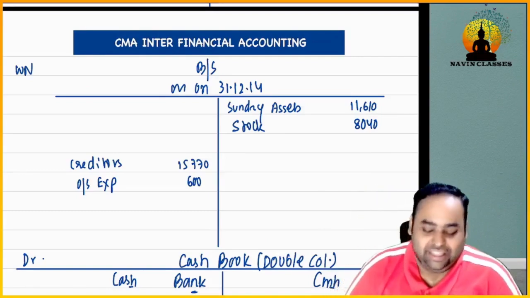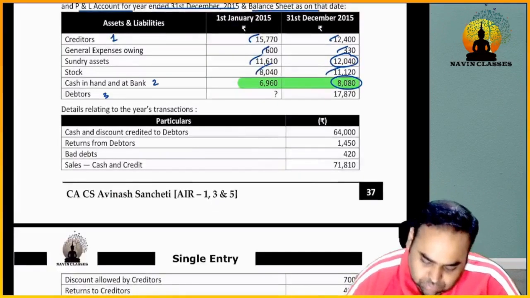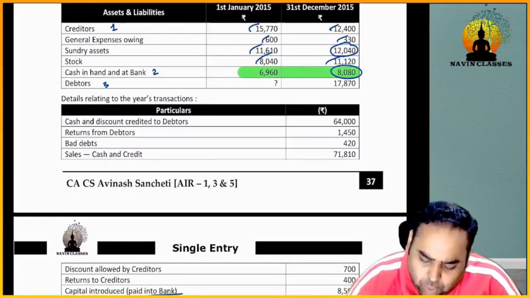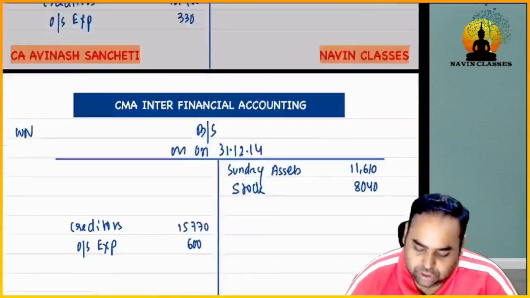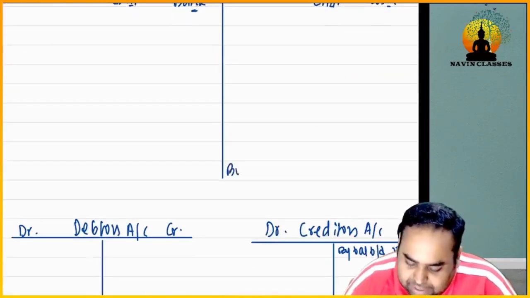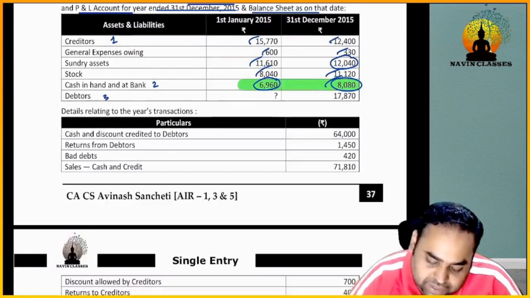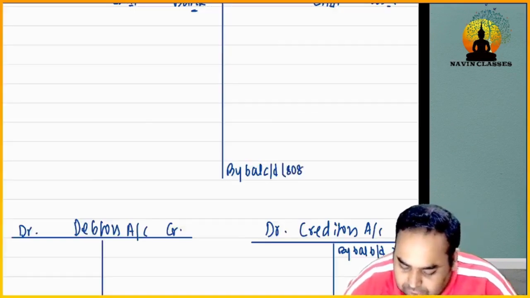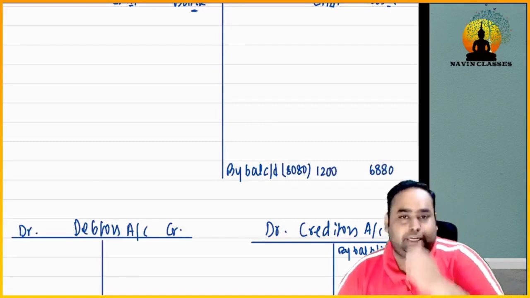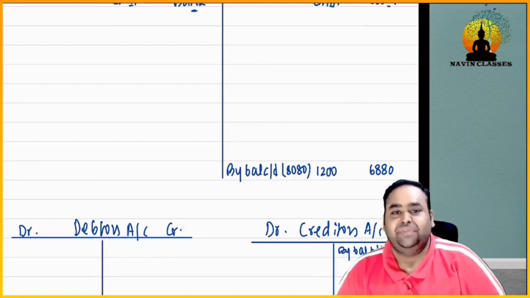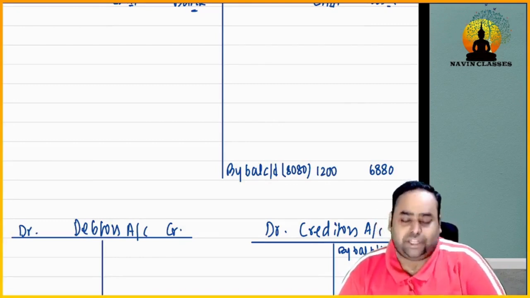Okay, let's go. So till here we have discussed stocks. Now let's move forward. Cash in hand, cash at bank. We don't know the opening balance, but we can separate the closing balance. So in the bank, we will write by balance CD. And here the total amount is already given. It is 8,080, in which 1,200 is cash and bank balance will become 6,880. This is the closing balance of cash and bank.